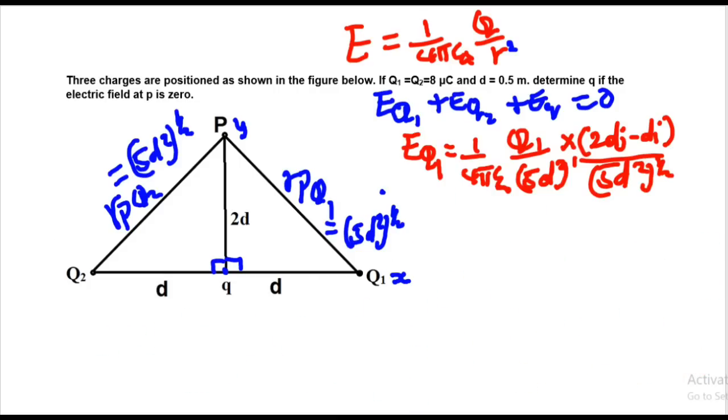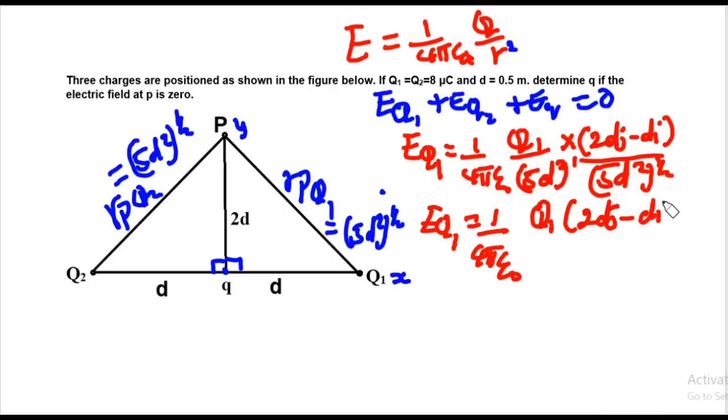So going further, we have that EQ1 now will be 1 over 4 pi epsilon 0, we have Q1, then times 2DG minus DI upon, this is to the power of 1. We add it to this power. We now have that this is 5D square all to the power of 3 upon 2.